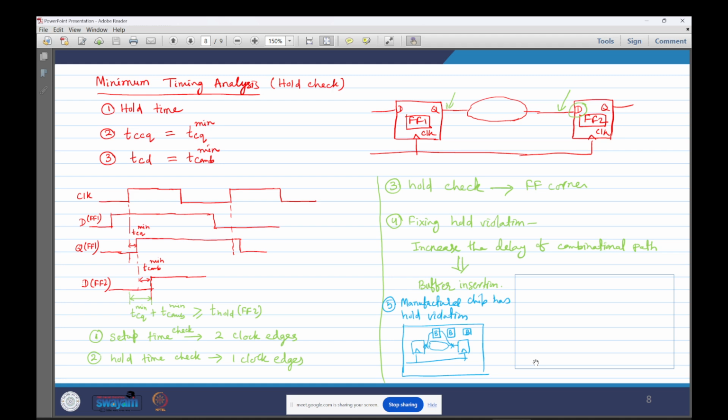To avoid that, they add some buffers in the design. These buffers are initially not connected in the path, and they are isolated buffers.